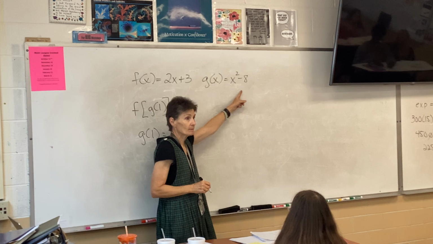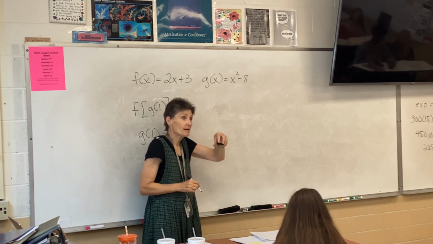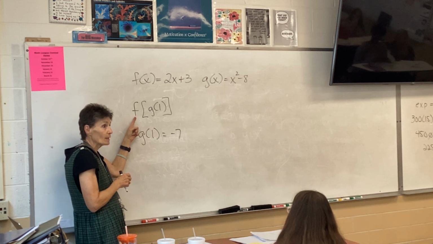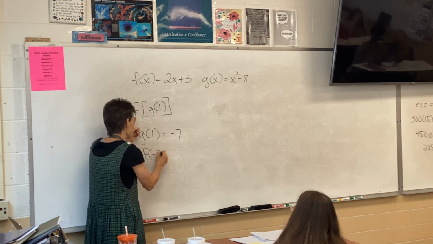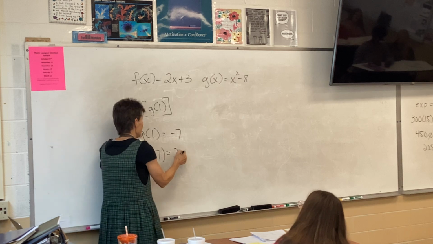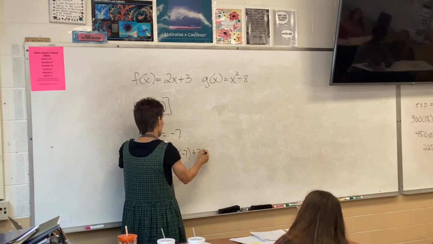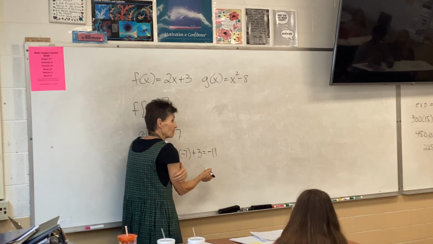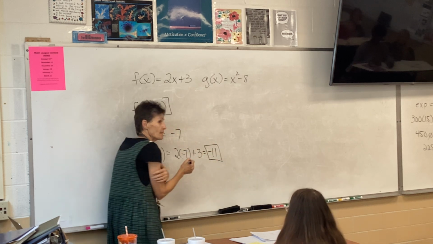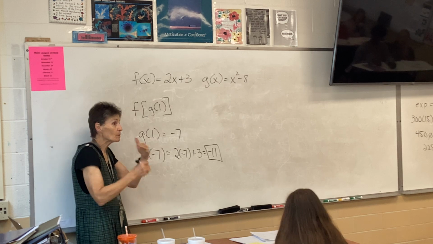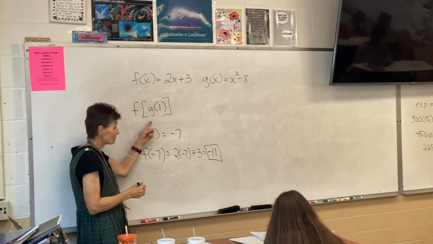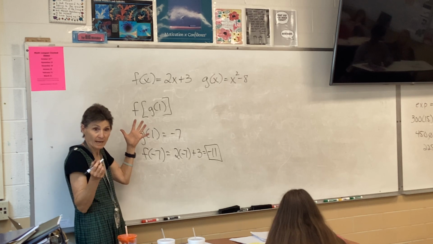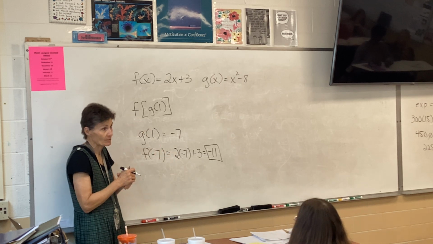Everybody okay with that? Then I take the -7 and put it into f. So f of -7 would be 2 times -7 plus 3, which is -11. And that is the final answer. Because I keep going as long as I have another letter to plug into. As soon as I'm done with the last letter, I'm done with the problem. That is the answer.